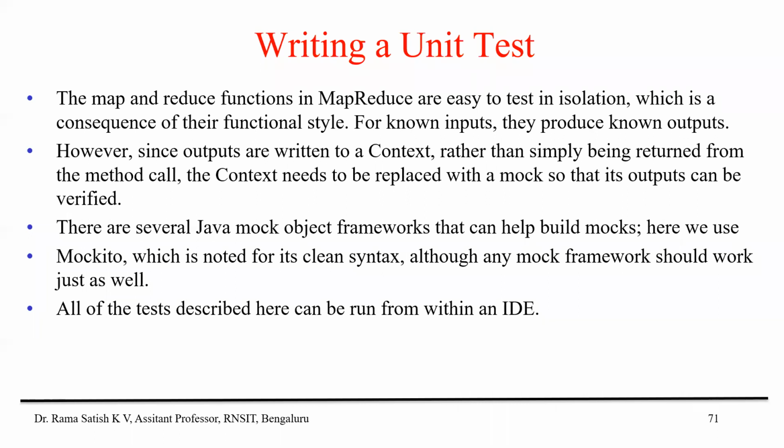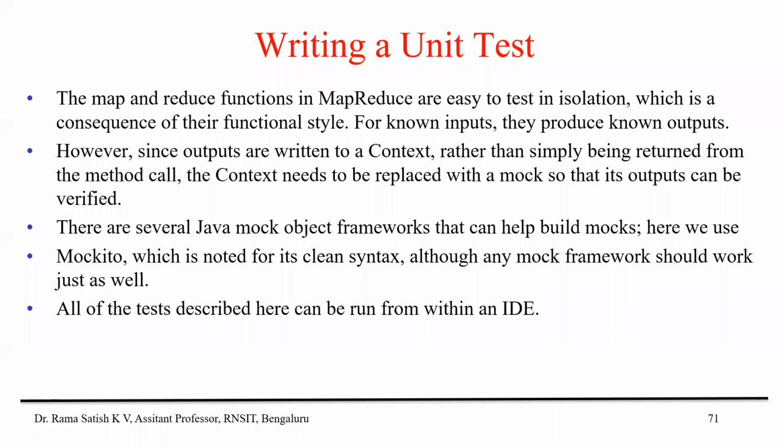In MapReduce, I think we have already seen it is the programming model for processing big data. MapReduce programs are very easy to test in isolation, which is a consequence of their functional style. For example, if you know the inputs, they will certainly produce the outputs.